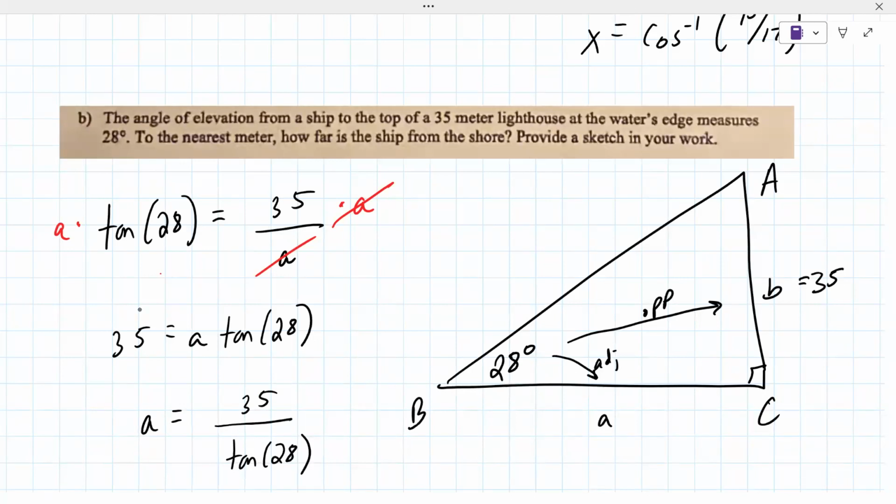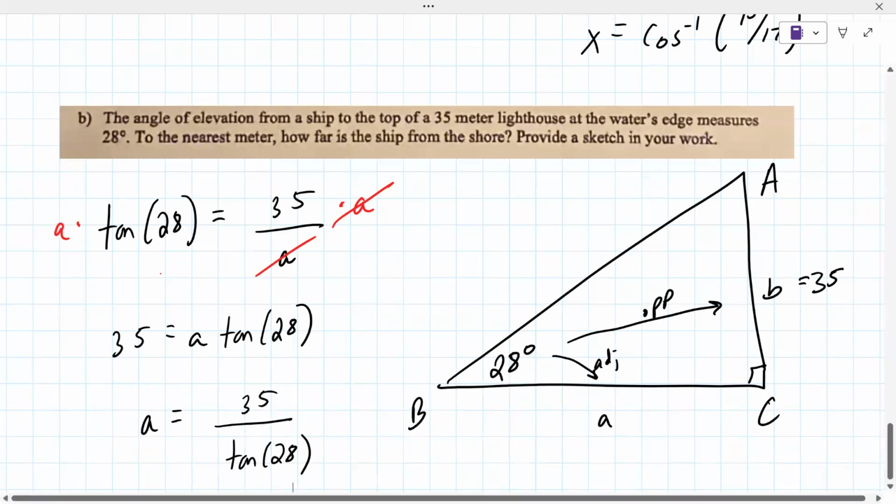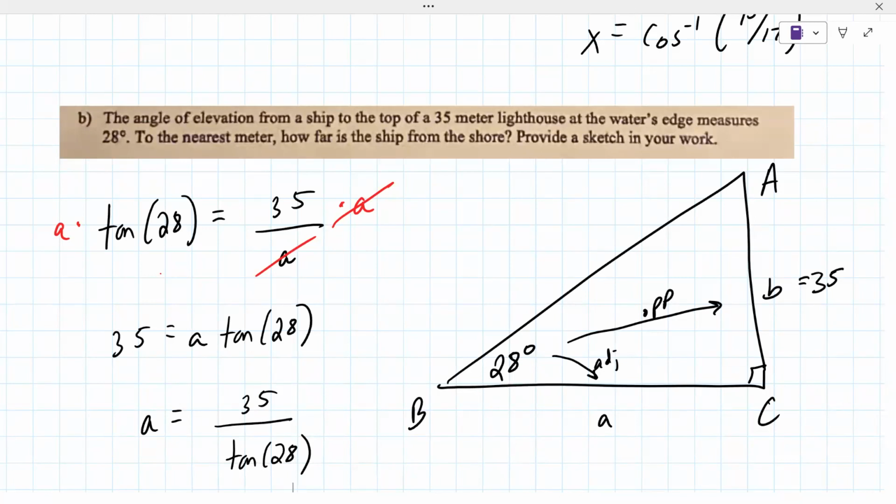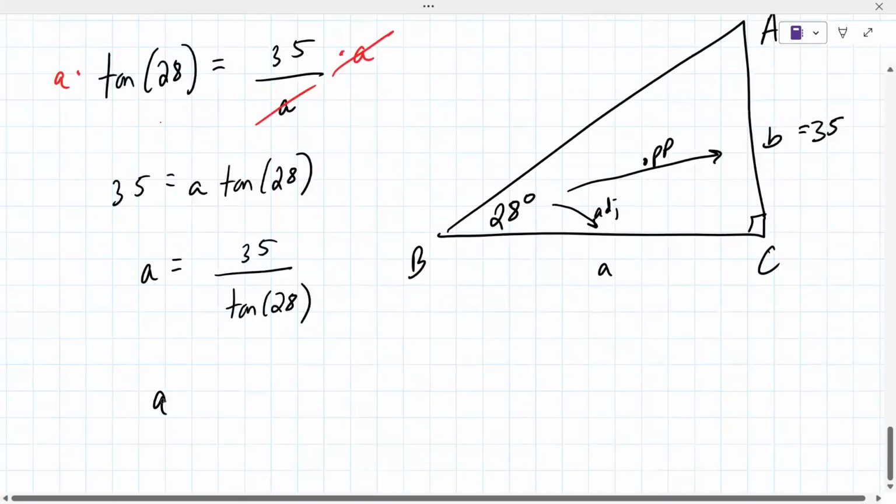So then am I going to just divide both sides by tangent of 28? And again, this is the exact answer, which doesn't mean much, but it is exact. And then the approximation you get from putting that in the calculator. So 35 divided by tangent of 28.